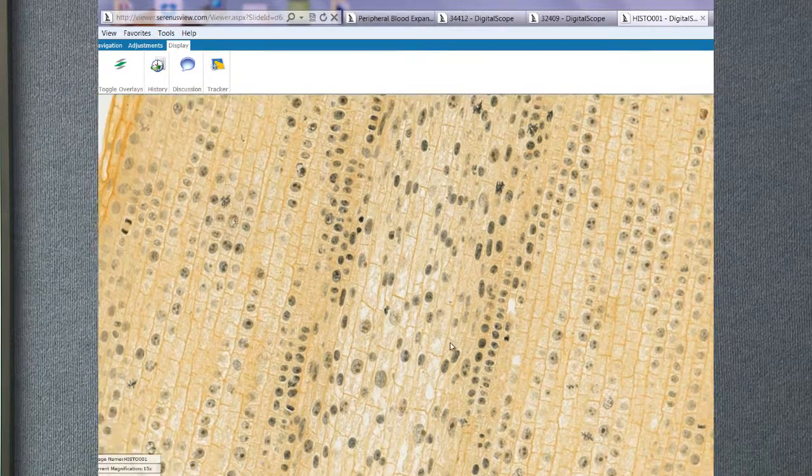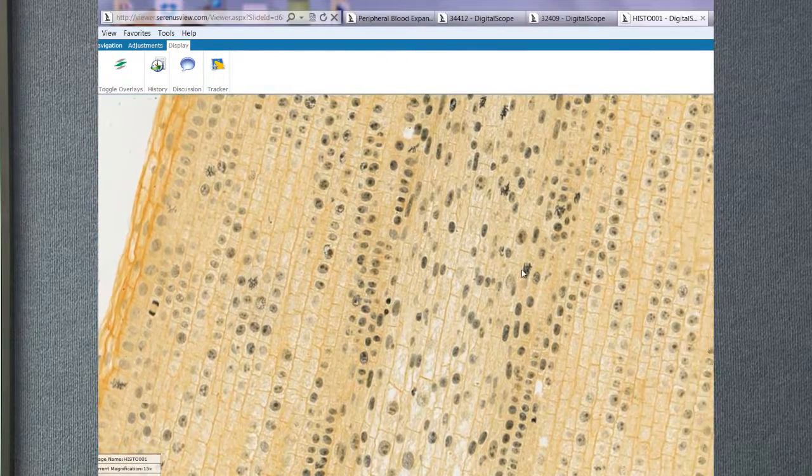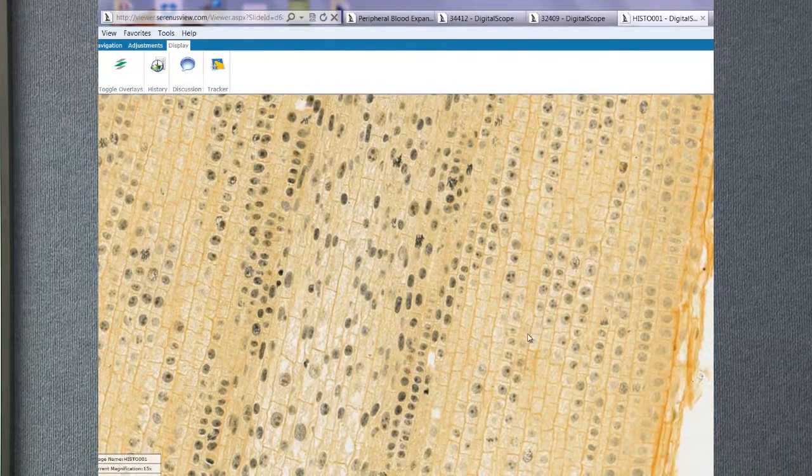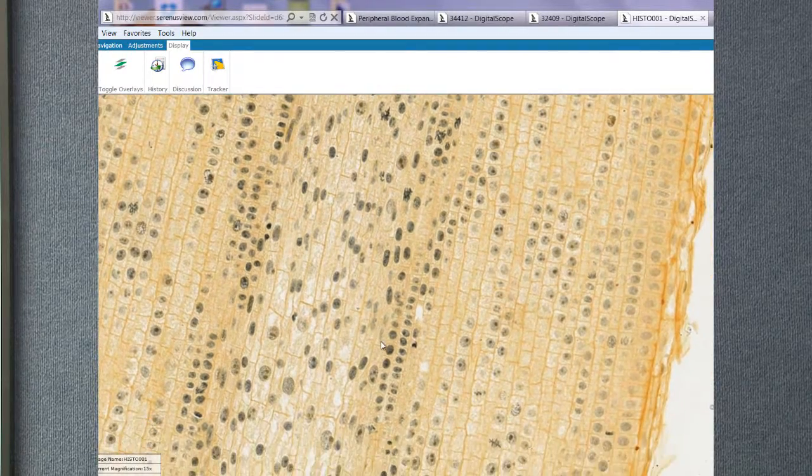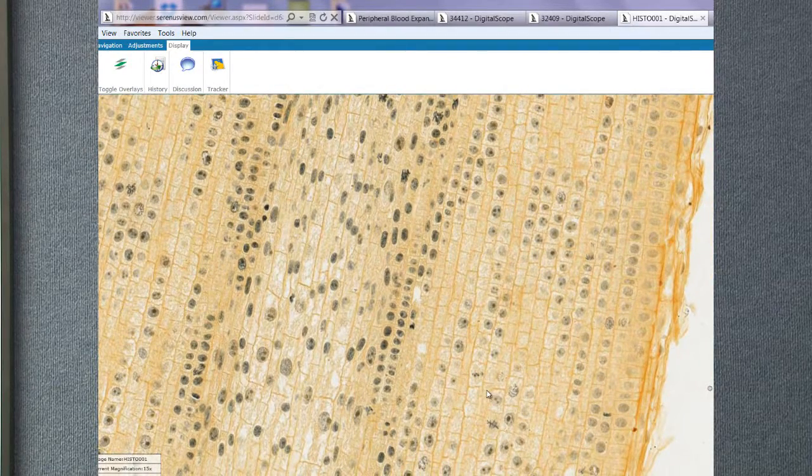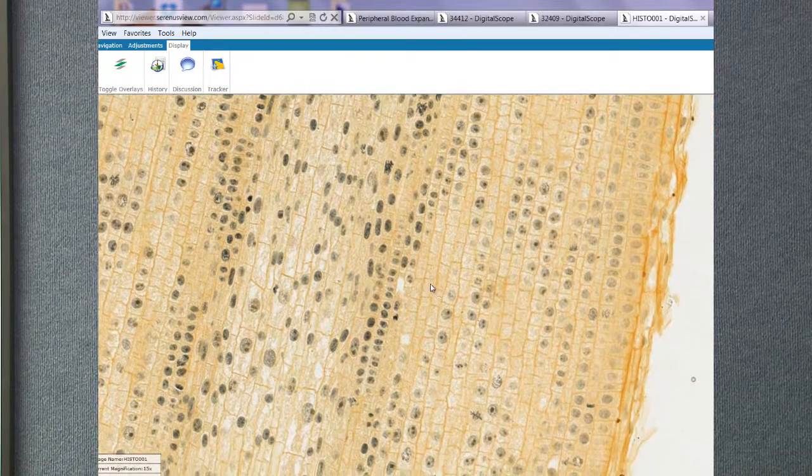And here we can go to a higher magnification and observe this. We can move this image just as if, just trying to get it in view. And here we can go up to 40x, and we can see these cells.